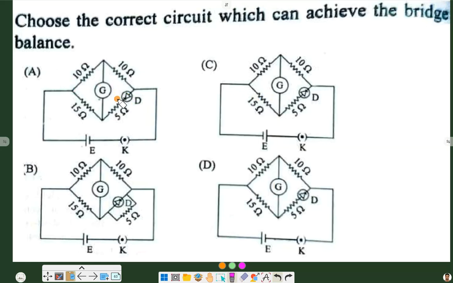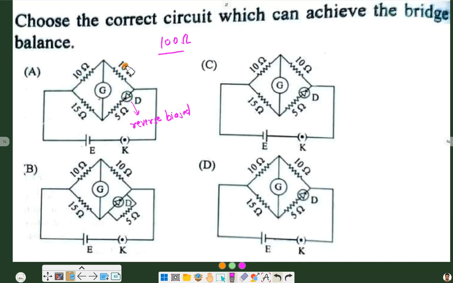In option A, we can see we have a diode, and it is reverse biased. If a diode is reverse biased, its resistance is infinite in the ideal condition, and in the practical condition its resistance is very high. Suppose the reverse resistance is 100 ohm. Practically, it is even more than 100 ohm, in the thousands.